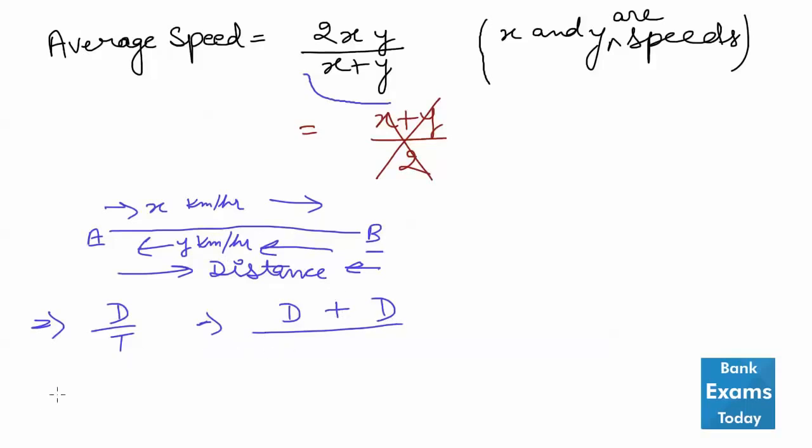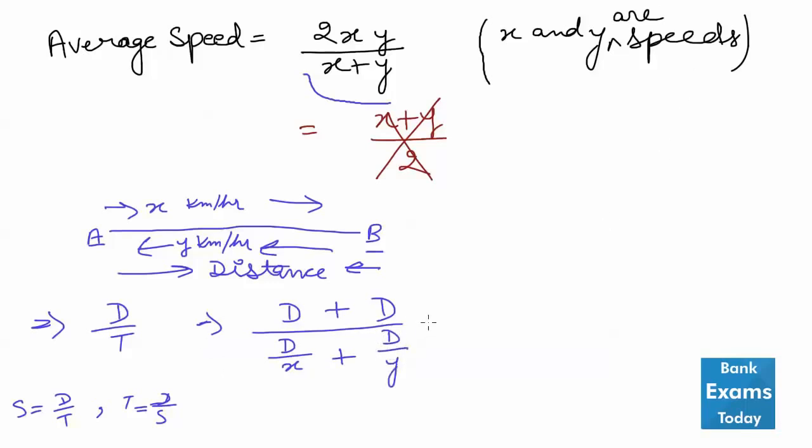So the formula to calculate time is, if speed is equal to distance over time, then time taken is equal to distance over speed. So the time taken is D over x plus D over y.